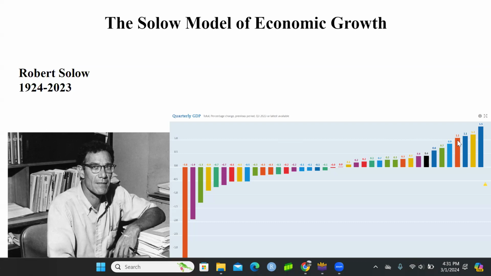This model was written about by Robert Solow and another economist named Swan, and it's since been developed a lot, but the foundations of it are still really important to the study of macroeconomics.